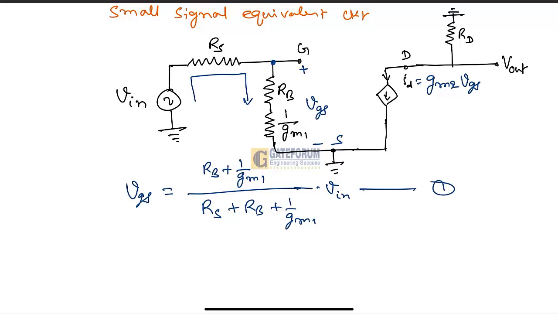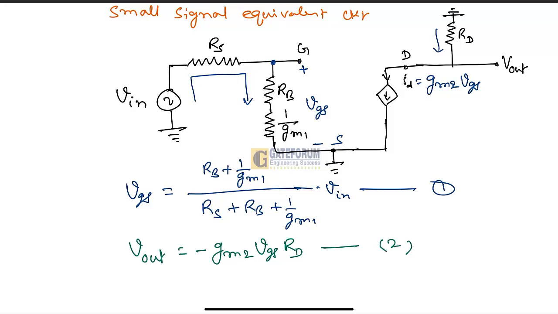Now at the output side, the current ID passes through RD, so we can apply KCL at the Vout node. We get Vout = -gm2 VGS RD. Let's call this equation number 2.